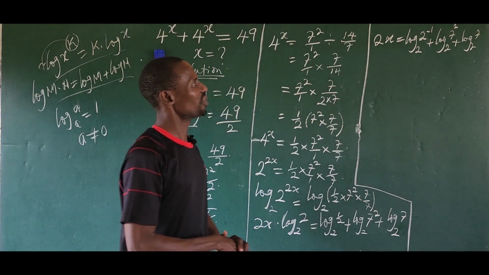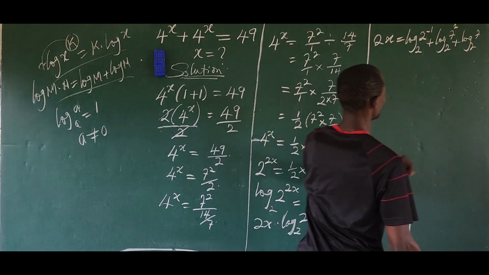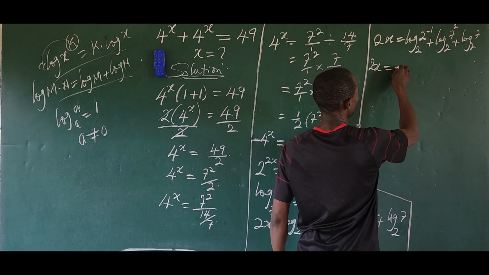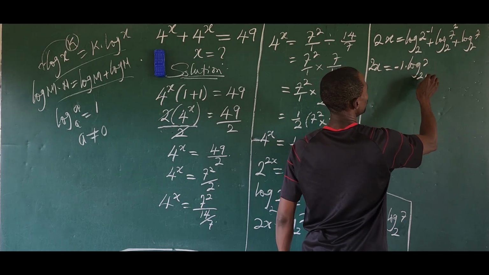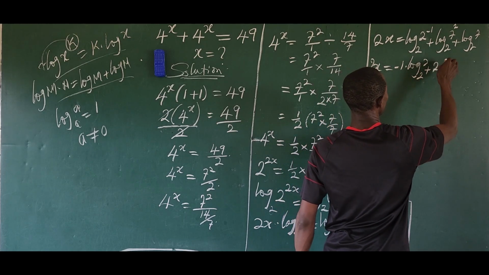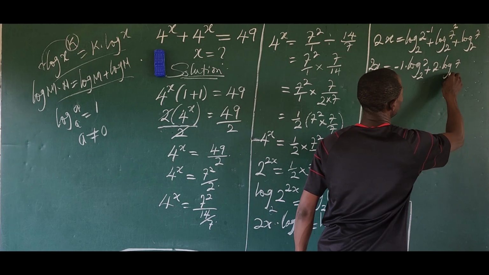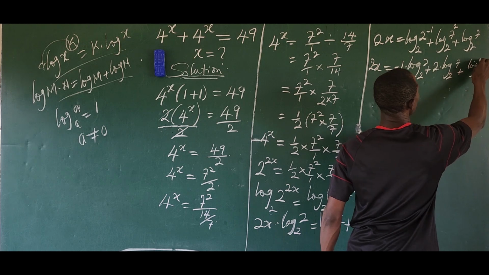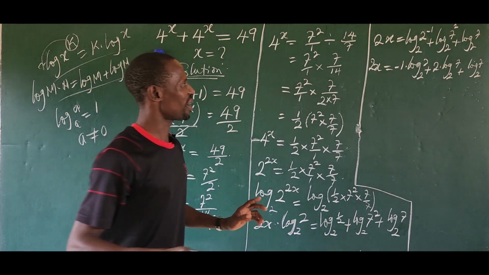Okay, so we move this back, according to the law. So this is going to give us 2x is equal to minus 1 times log 2 base 2 there, plus 2 times log 7 base 2 there, plus log 7 base 2. Easy. All right.